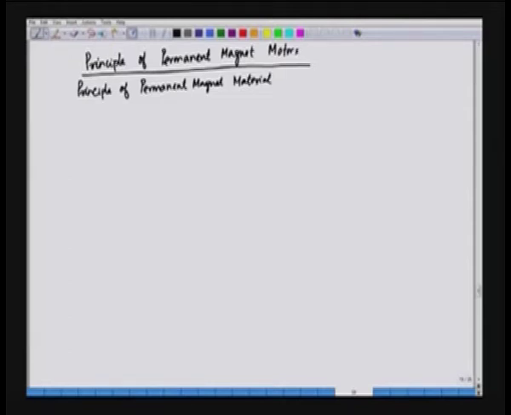Let us take a permanent magnet material. Let us take a ring shaped permanent magnet material and let us cut an air gap.